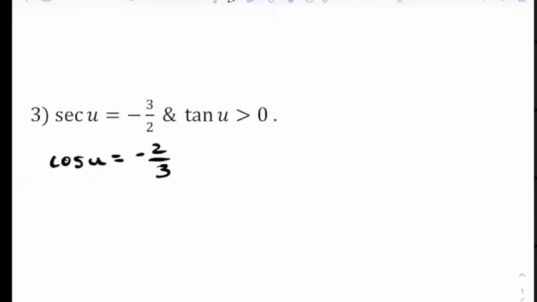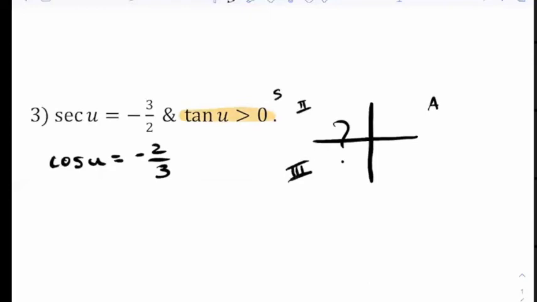Now, the reason why this is important is because the cosine of u being negative tells us that we could be either in quadrant 2 or quadrant 3, right? That's what we're not sure about. Is it quadrant 2 or quadrant 3? But the fact that we're told that the tangent of u is positive, remember, all students take calculus. If tangent of u is greater than 0, then that tells me that we have to be in quadrant 3.